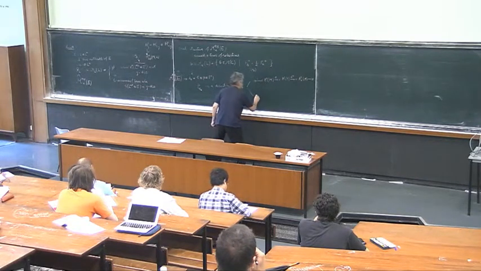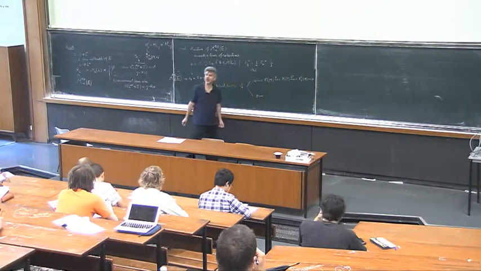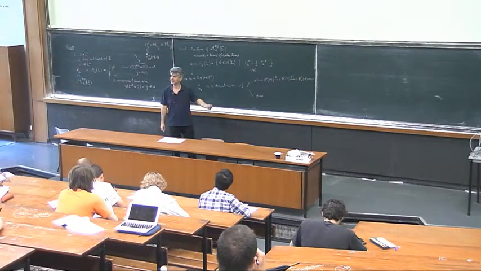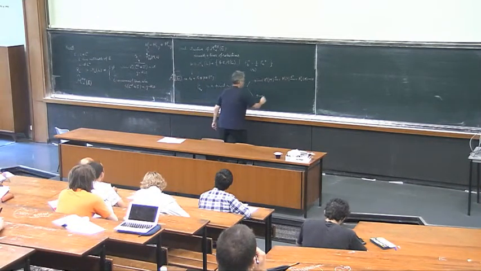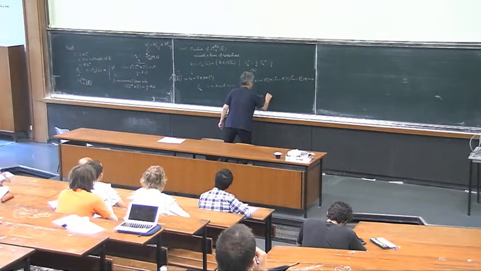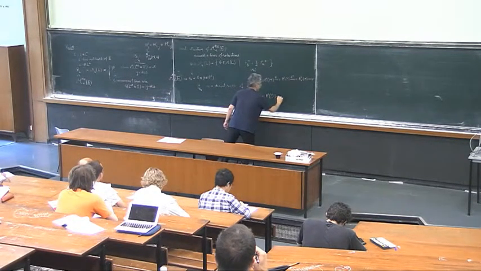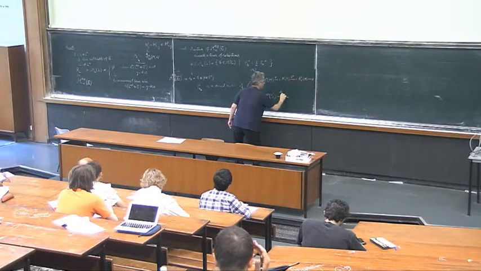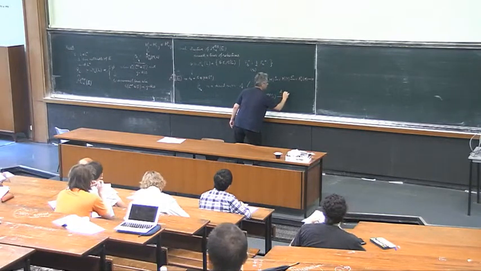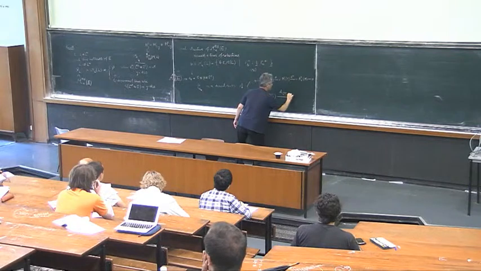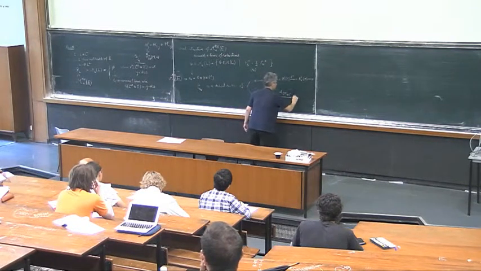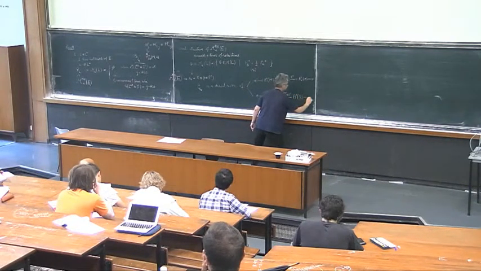So this means that you have an associated elliptic complex which is associated to this induced connection. Let me write it like this: Ω^0(S), and here is the operator associated to B squared tensor A dual. Here is Ω^1(S).